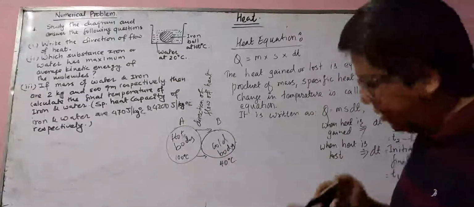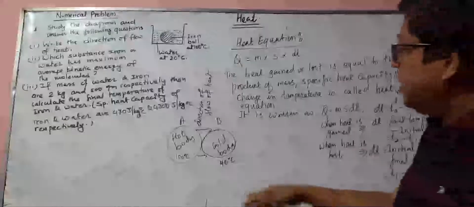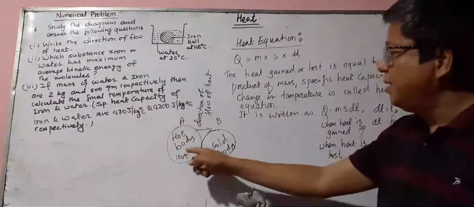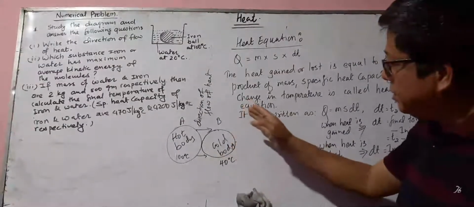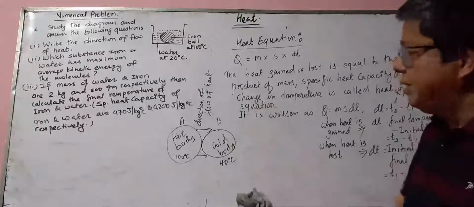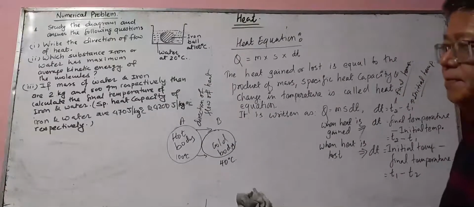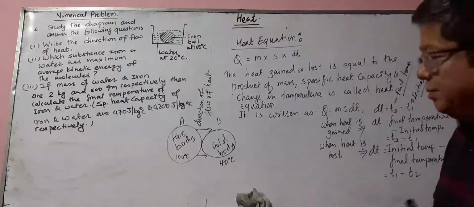Okay, then you remember this point also: the amount of heat lost by the hot body is always equal to the amount of heat gained by the cold body if the escape of heat energy is negligible.